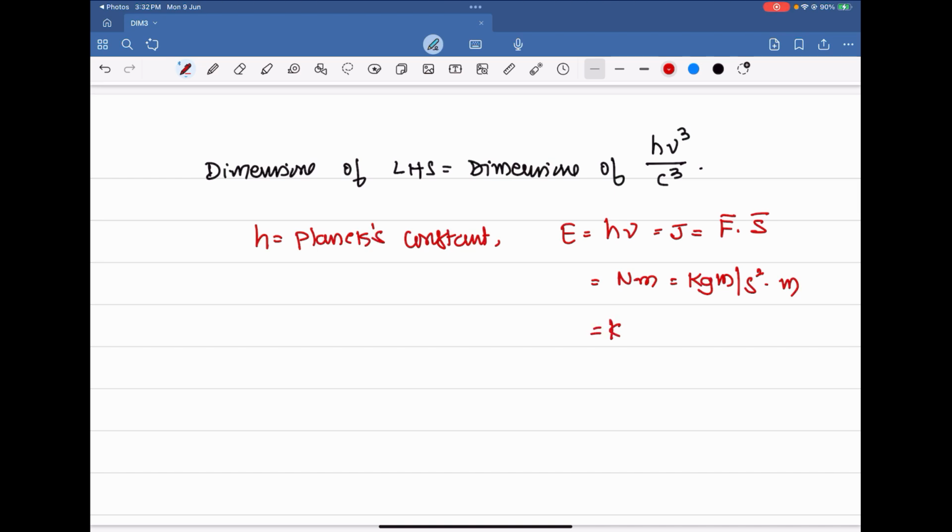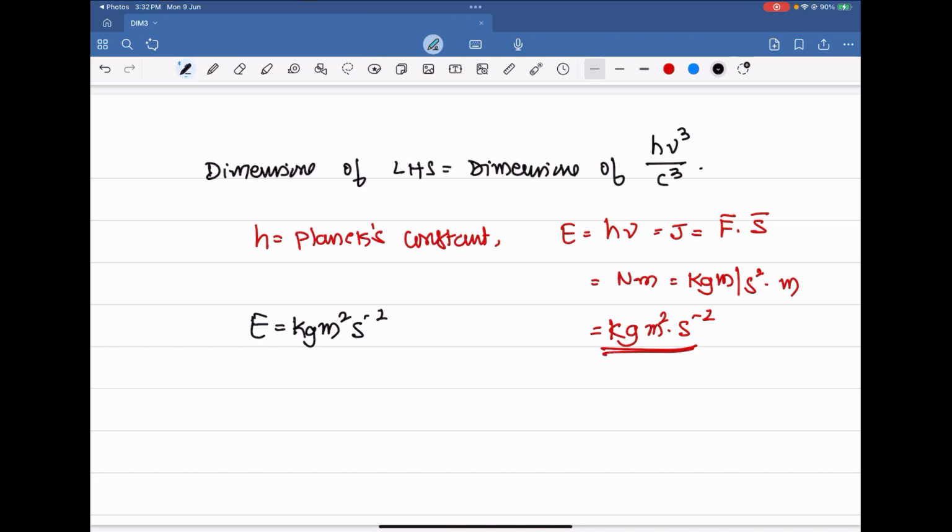That is equal to kg meter square into second square divided by second square, that is into second to the power of minus 2. Please remember, this occurs regularly in physics.